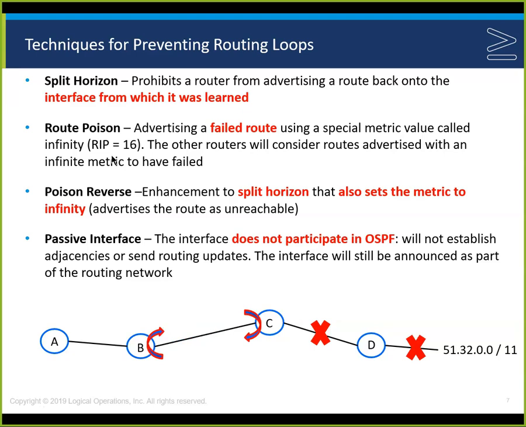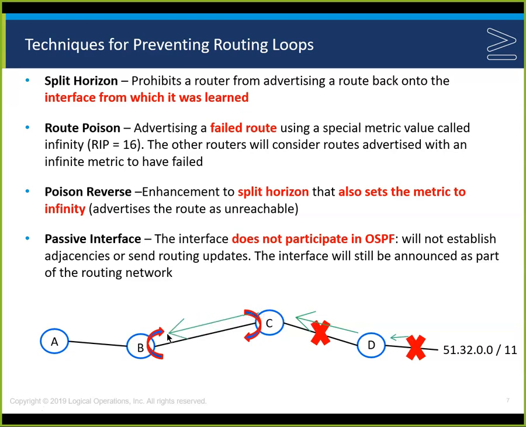And these techniques, loop preventing techniques, are designed to prevent that, particularly the split horizon. D, we'll call it the green network, tells C how to get to the green network.